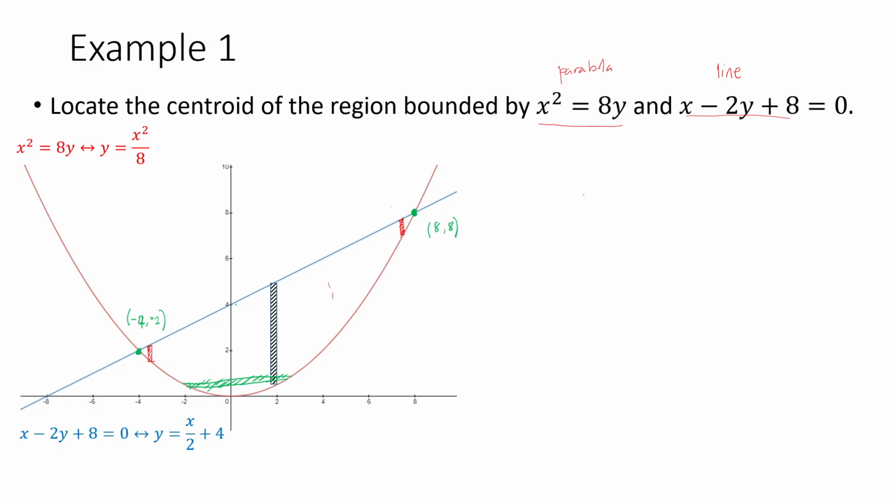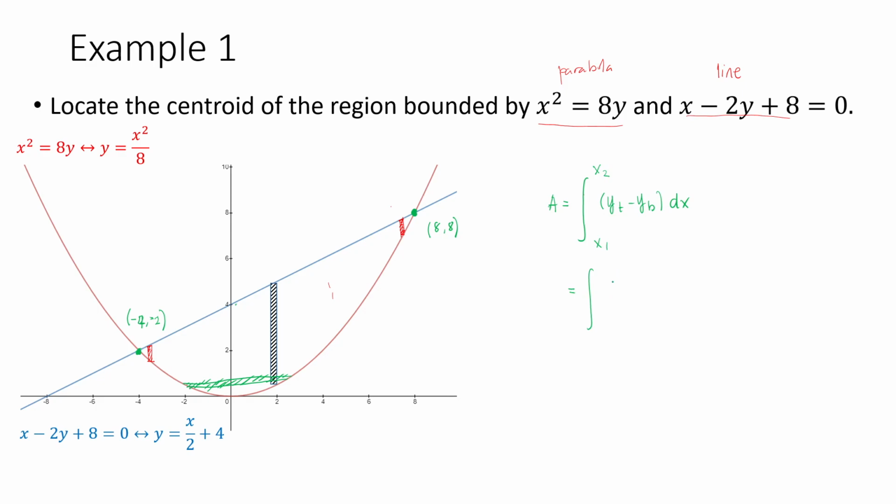All right, so since we are using the vertical strip, we look first for the area. So area is the integral of y top minus y bottom dx from x1 to x2.